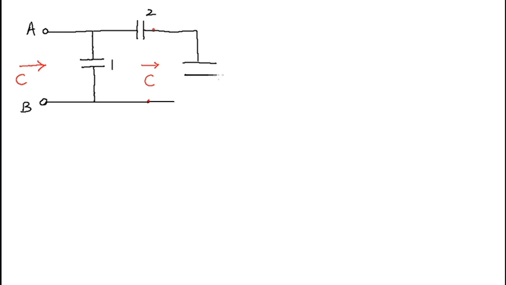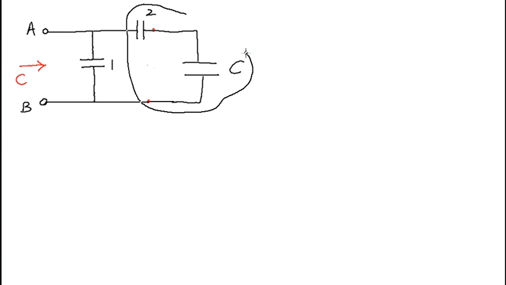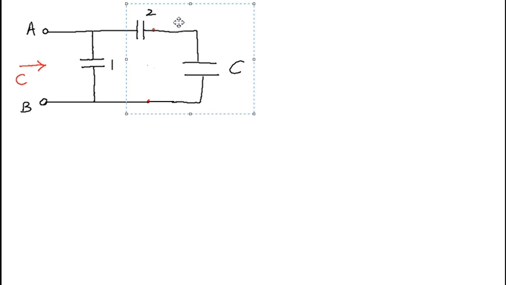Now in my next step, I reduce the complexity of the circuit by replacing this particular series combination, that is 2 microfarads and C, with the effective capacitance. So I just cut it out. Of course, the effective capacitance, I can write it over here, is going to be 2C upon C plus 2.